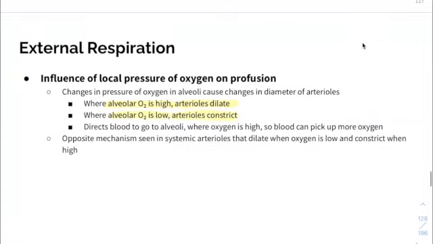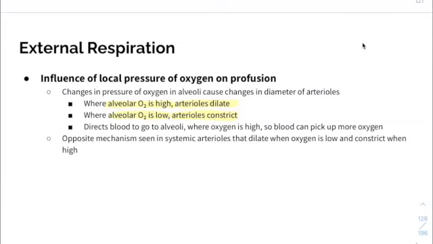So our alveoli even have a way to completely block off blood to certain alveoli and push it to other places, just like our capillaries do in other portions of our body that we talked about a couple weeks ago. So we want our blood to go places where there's a lot of oxygen so that they can actually exchange out the oxygen and the carbon dioxide.